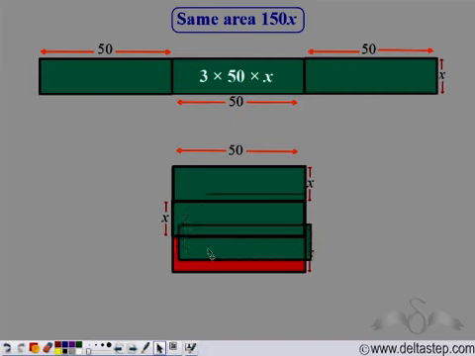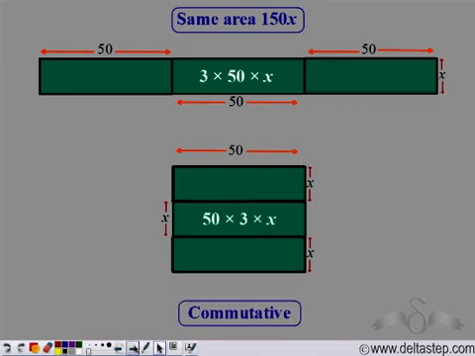And this part, it perfectly overlaps this part. So we see that 3 into 50 into X is the same as 50 into 3 into X. Hence, we can say that multiplication is commutative because 3 into 50 into X is the same as 50 into 3 into X, and multiplication is commutative.